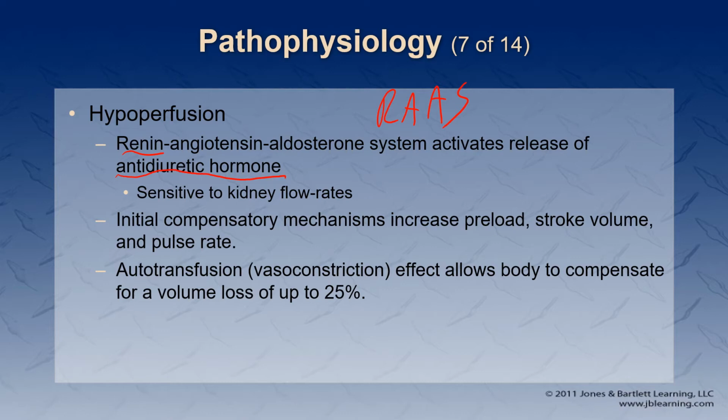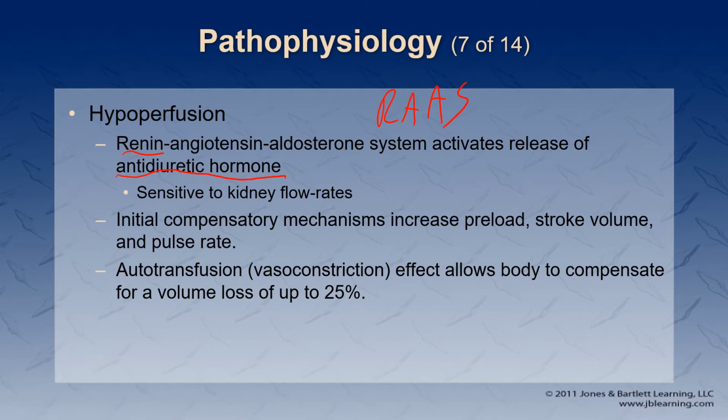So obviously your kidneys getting involved is late, and I told you that you're not going to see that profound peripheral vasoconstriction until later stages. So the early response, right, the first thing we're going to see is cardiac.